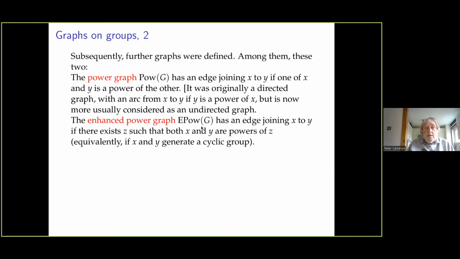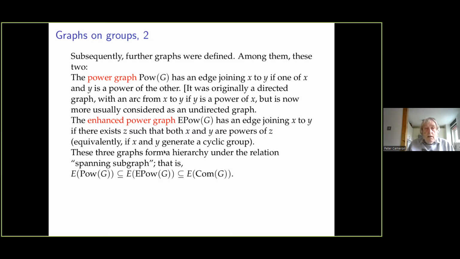And once you see that definition, you could vary it by taking some other property different from cyclic there. You could say abelian, for example. If you say join x and y if they generate an abelian group, of course you just get the commuting graph. And you notice that these graphs form a hierarchy.